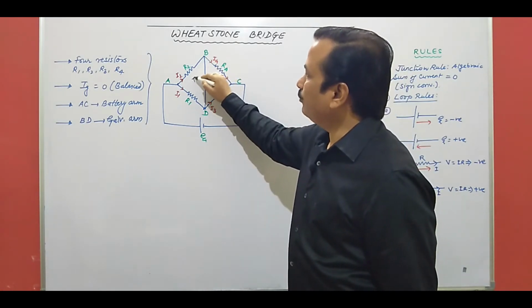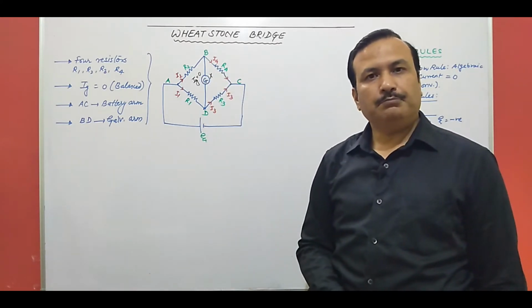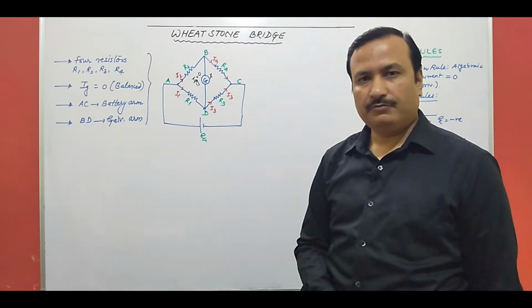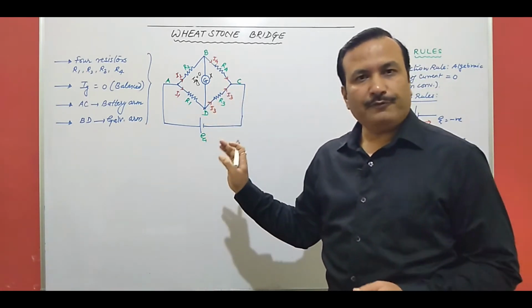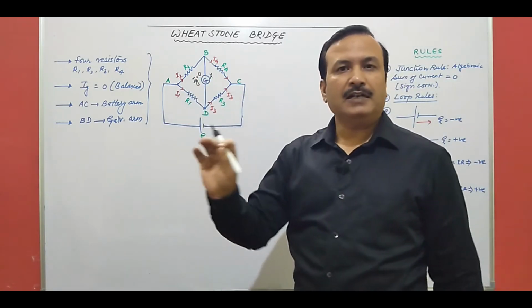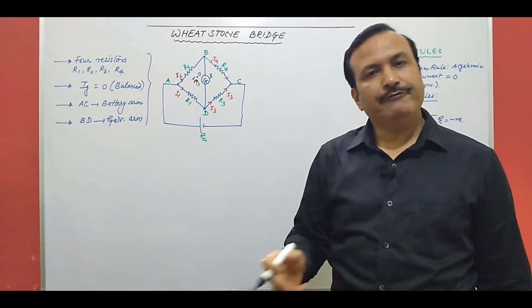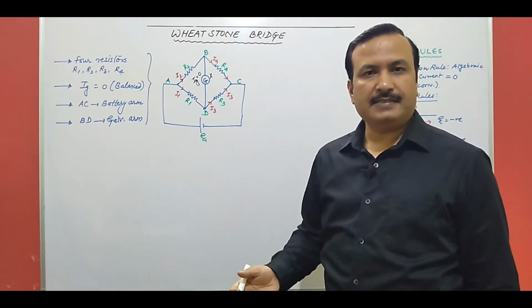The current through galvanometer, if we write Ig, it should be 0 when the bridge is balanced, right? Applying this, the main use of this Wheatstone bridge is, out of these 4, if one resistance is not known to us, we can find it using the remaining 3 given resistances.